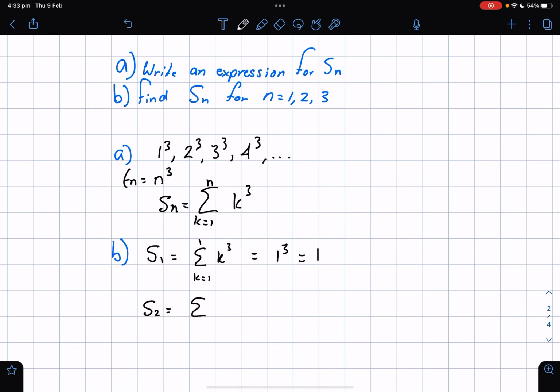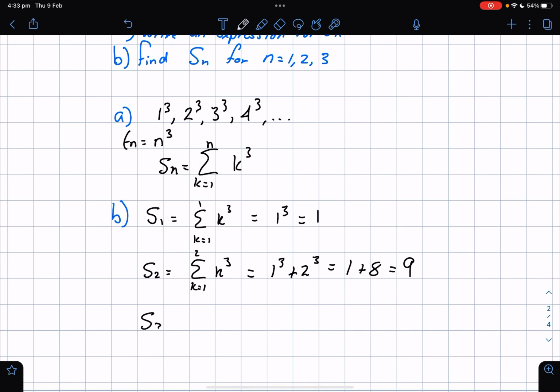S2, all right, so that's k equals 1 up to 2 of k cubed. Now this is 1 cubed plus 2 cubed. Now see how we're just going up from k equals 1 to the limit and just substituting in. So this is 1 plus 8, which is equal to 9.